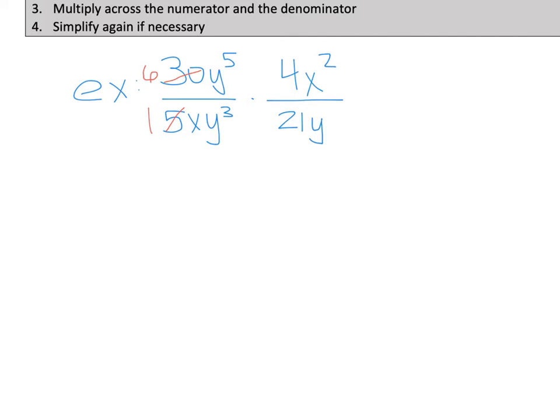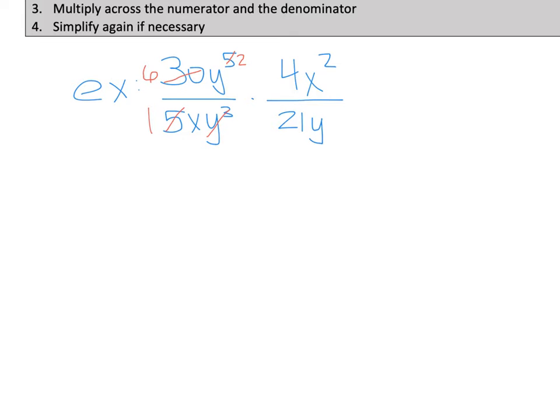Now let's look at the y to the 5th over the y to the 3rd. That y to the 3rd is going to cancel out a y to the 3rd in the y to the 5th, and that's going to make it y squared in the numerator.